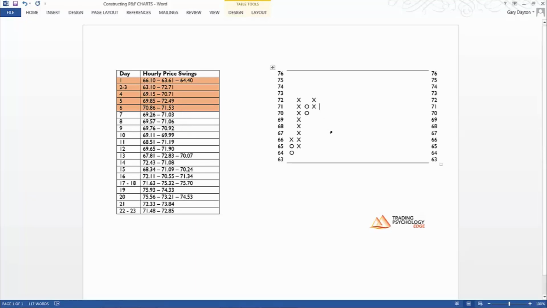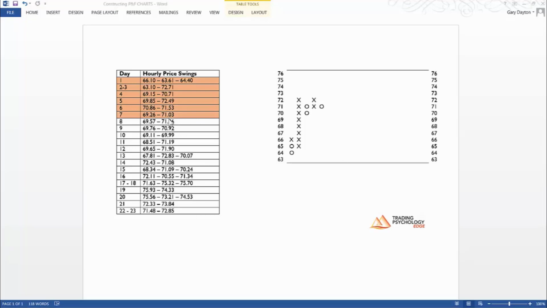That means that we come down through 71. We have a figure there already, so we start a new column. So we go to 71, and then the market rallies up to 71.53. We didn't meet or exceed 72, so we stay at 71 for the day. We only paint one figure in for that day.